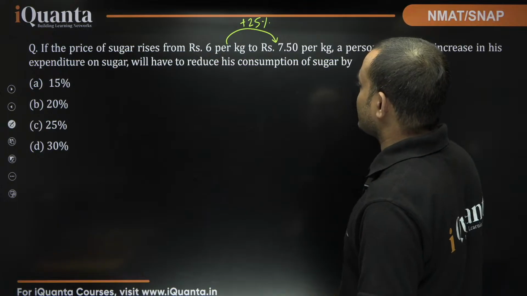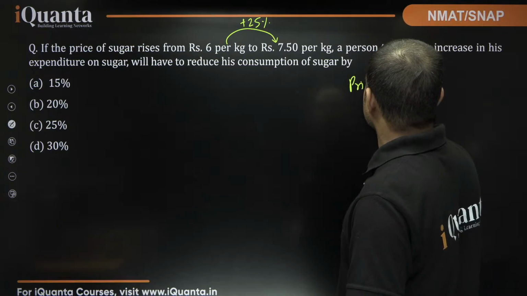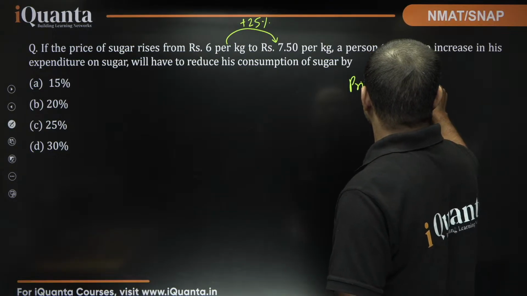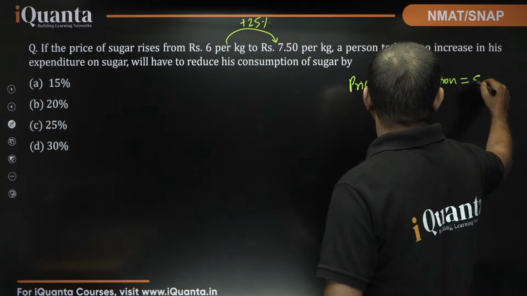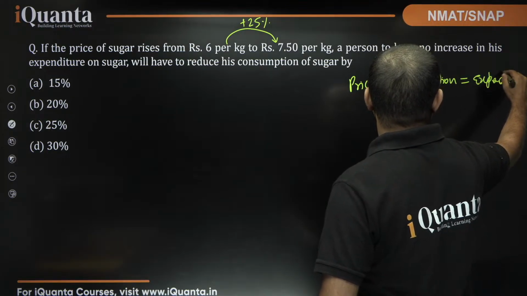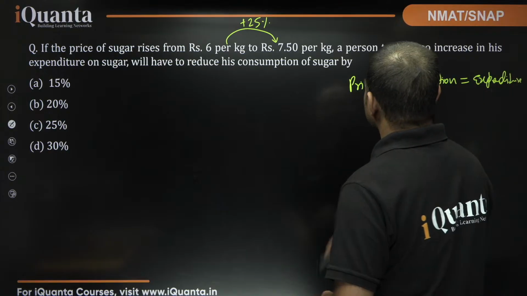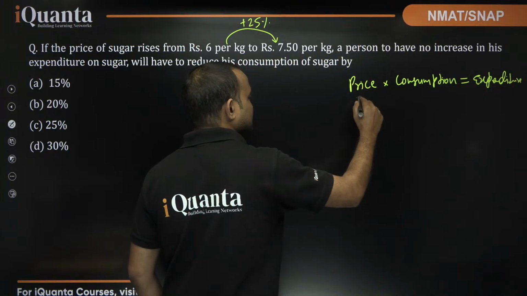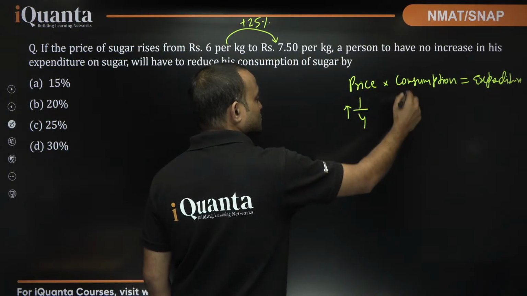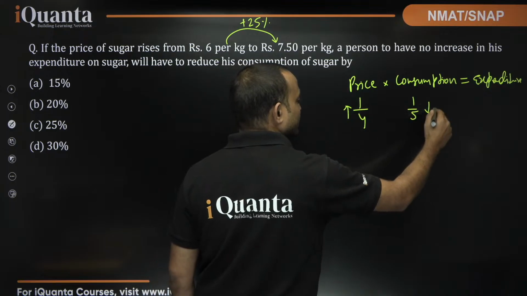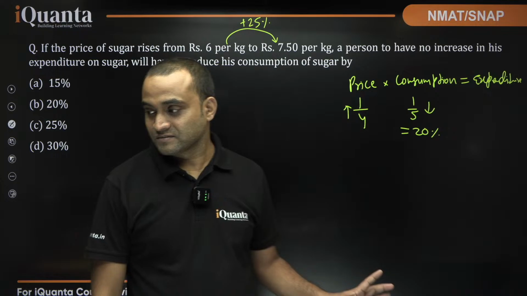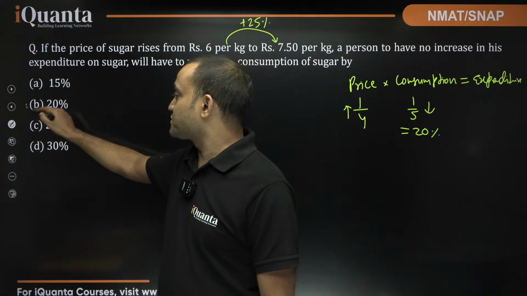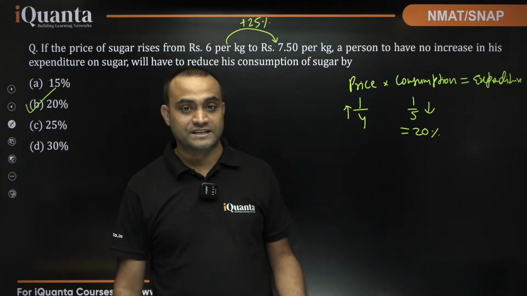So once again what we can say, price into consumption is equal to expenditure. ठीक है, the price is increased by 1 by 4, so consumption should be decreased by 1 by 5, which is equal to 20%. ठीक है, so the answer is option B, so that there is no increase.